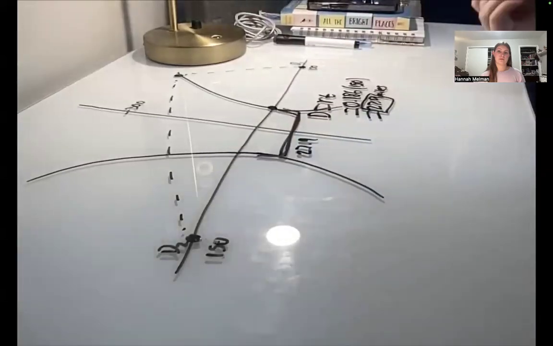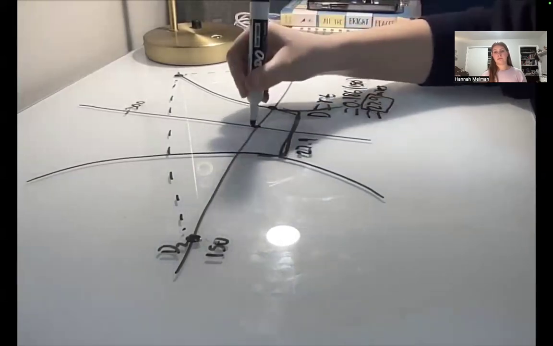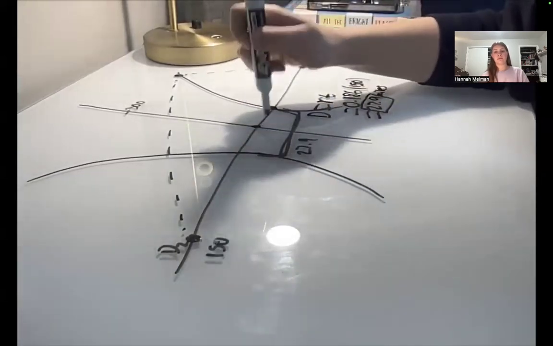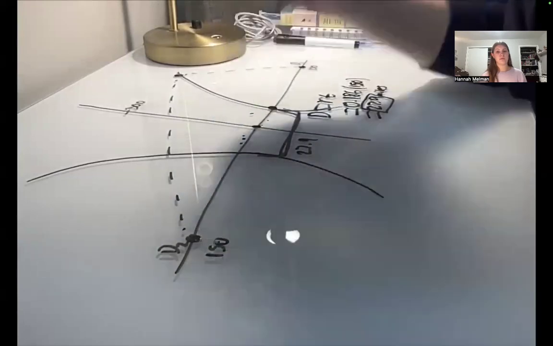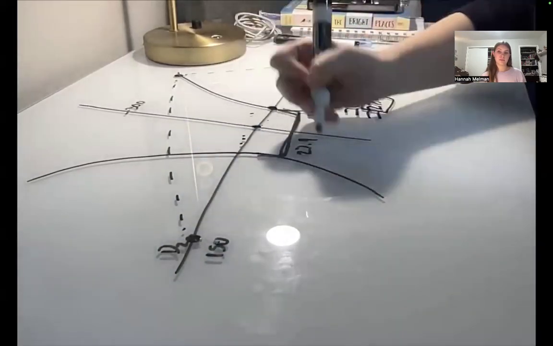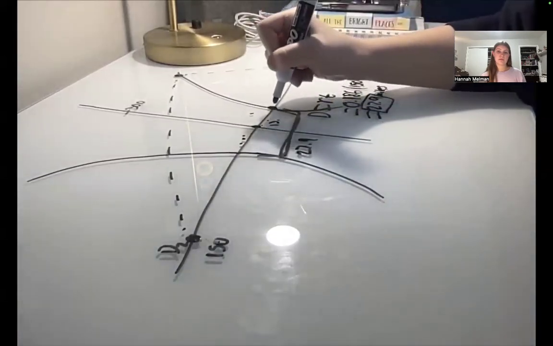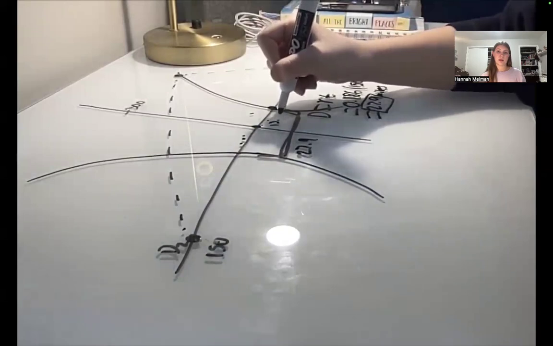And now we also know that the distance from the center to this point, and from the center to this point, are also the same. And they are each half of 27.9, and they come out to be 13.95.